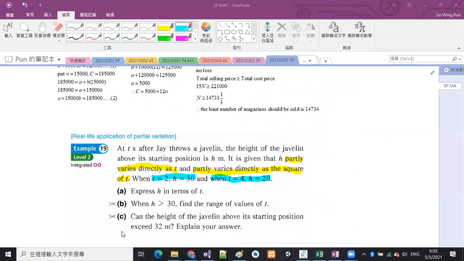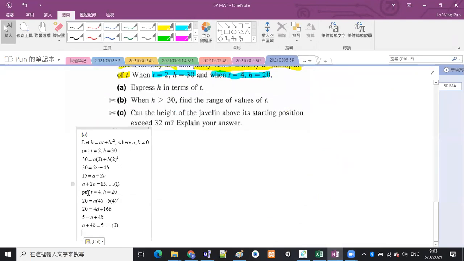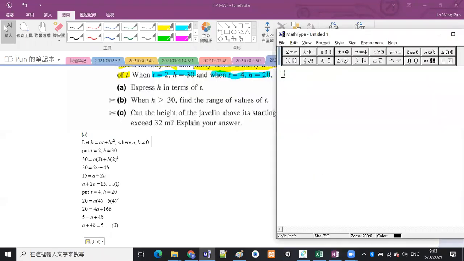Okay? And then notice that from equation 1 and equation 2, we can see that the a terms are exactly the same. So again, we just use the subtraction of the equation, using equation 2 to minus equation 1. The a terms are completely cancelled by each other, and then b terms will be 4b minus 2b, that is 2b.